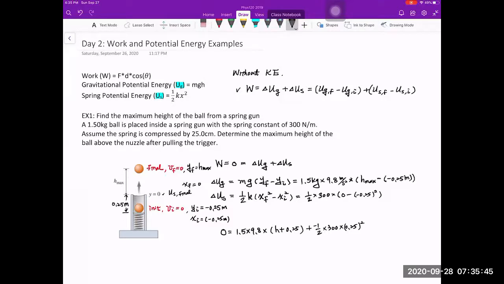If you use calculator, let's use the calculator to find out what this is. This is 150 times 0.5 squared divided by 9.81.